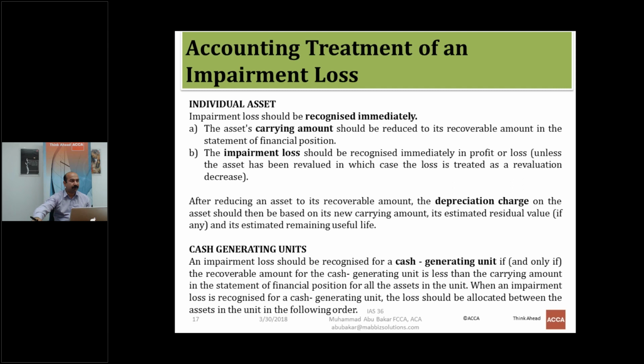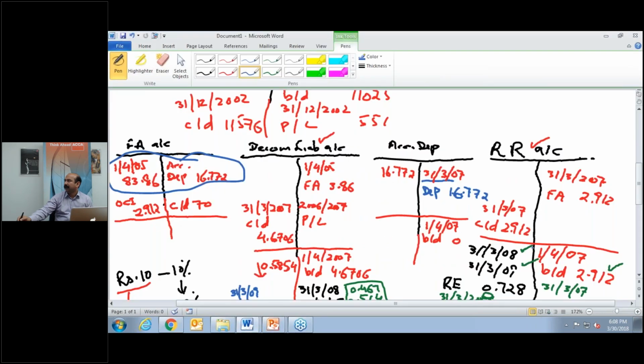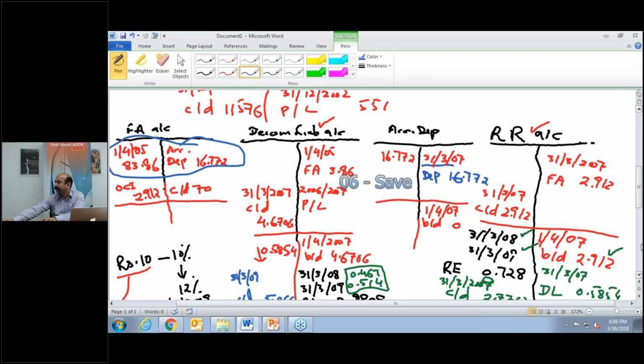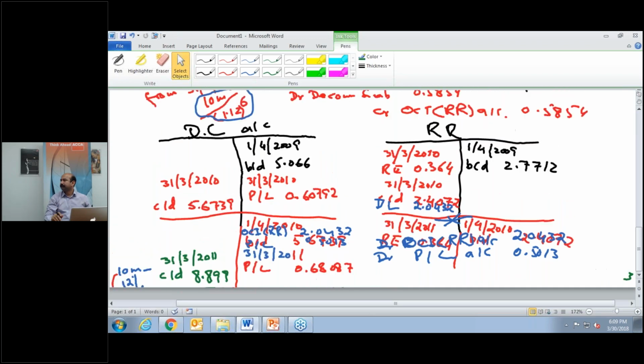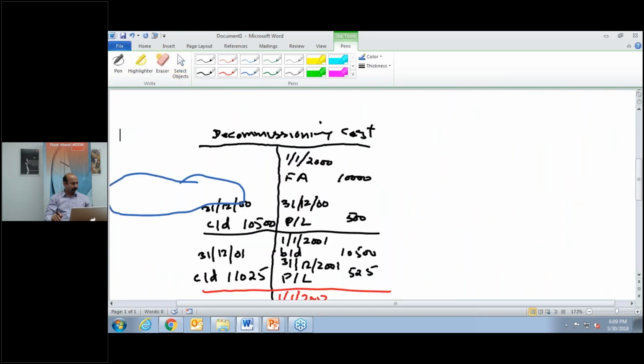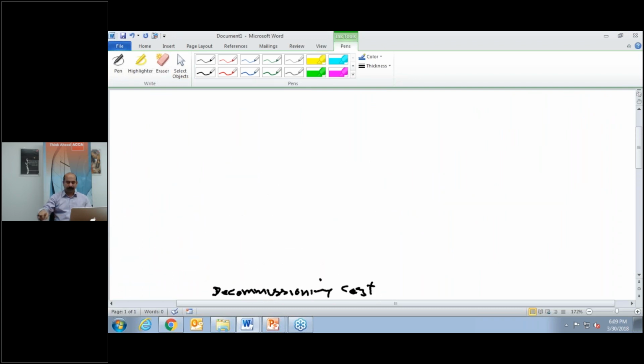Please remember a few things. When there is a change in the carrying value of the asset, it could be due to revaluation, it could be due to impairment, or revaluation could be a surplus or deficit.